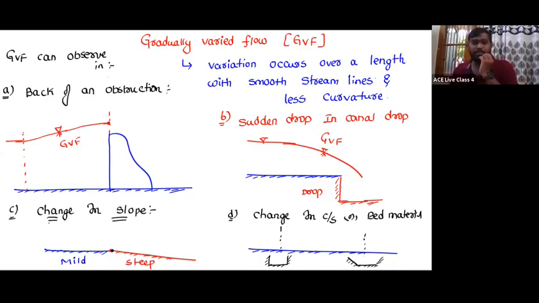So whenever the shapes change, again the water surface is going to change or not. So whenever there is a change in the cross sections also, the water surface is going to change. So I cannot say directly the water level rises, or I cannot say the water level directly falls. So now we need to know the prediction or behavior of the variation.